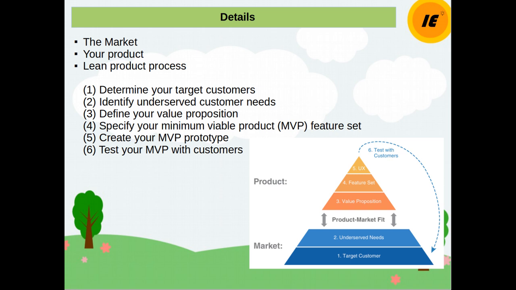You go back and follow up with a group of customers, try to get feedback, and then you iterate again and again. That's the essence of the lean product process. So I'm giving you the whole story of what the lean product development process actually is.